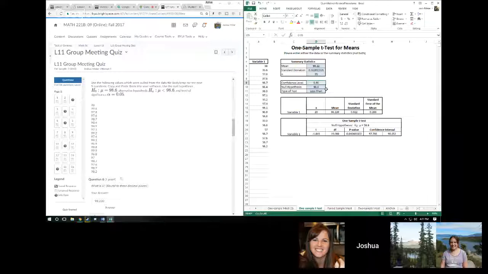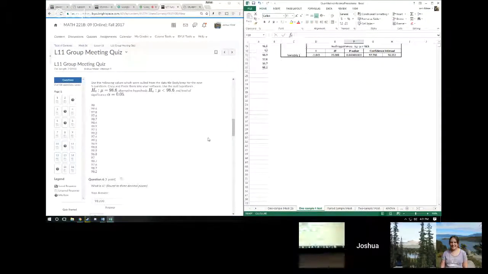We don't have to worry about that one. Null hypothesis, I just typed in 98.6. I think it's standard 0, but I just typed in 98.6. And then for the type of test, because the alternative hypothesis is that the mean is less than 98.6, I just put in less than. It's not necessary for these questions, though.